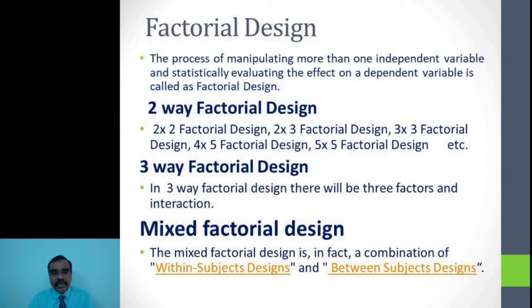The process of manipulating more than one independent variable and statistically evaluating the effect on a dependent variable is called factorial design. I repeat, the process of manipulating more than one independent variable and statistically evaluating the effect on a dependent variable is called factorial design.